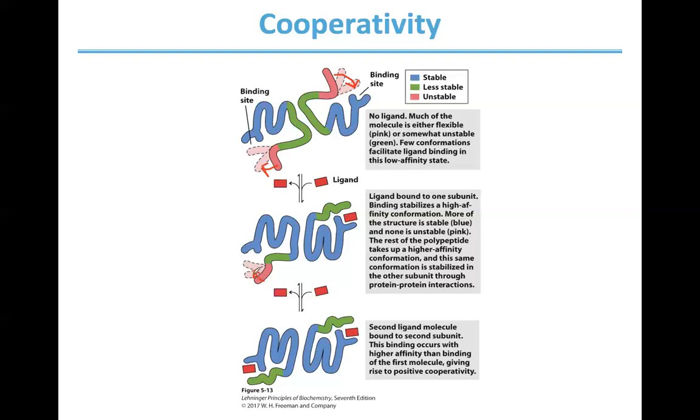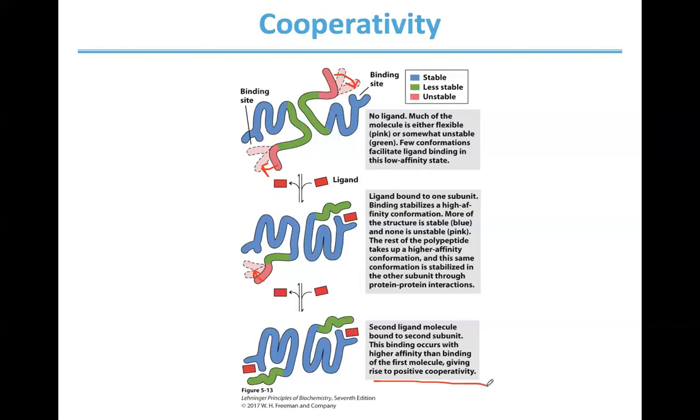So this flap is coming close, and then the second ligand comes in, and they're both in place. So there is much higher affinity now for this ligand toward this protein.